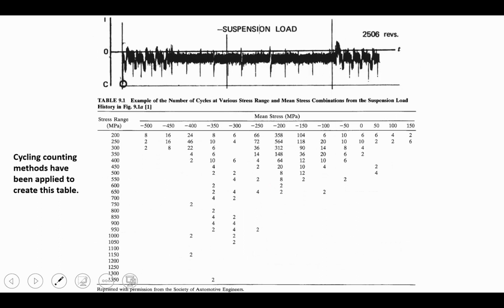Furthermore, we can take the data that we've generated from our components and apply cycle counting methods, where rather than using this raw data that could be sampled at 100 samples a second, we simplify it and distill it into ideas, in this case, ideas of what are some of the strain ranges and mean stresses that are encountered? What are the core peaks and key features observed in this data?